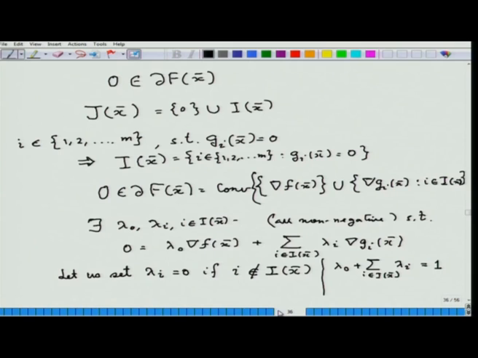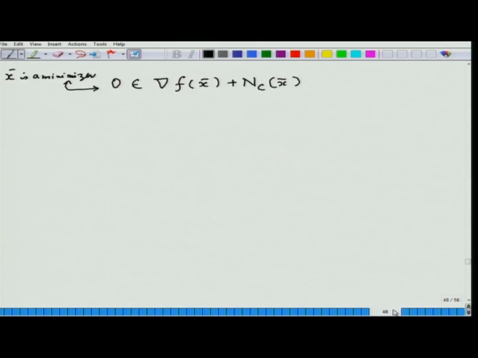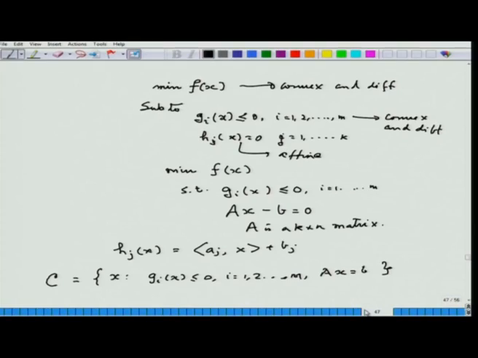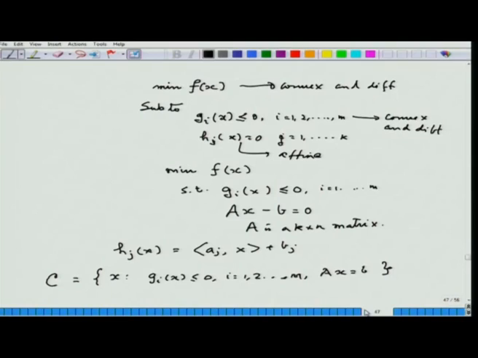Now, suppose I do not have this calculus rule in hand, what am I supposed to do? You observe that this set C is quite a complicated set. It is not such an easy set that you can compute the normal cone. How do I compute the normal cone for this set? Do I need certain conditions to compute the normal cone? But at the end, first let me write C as two simpler sets.